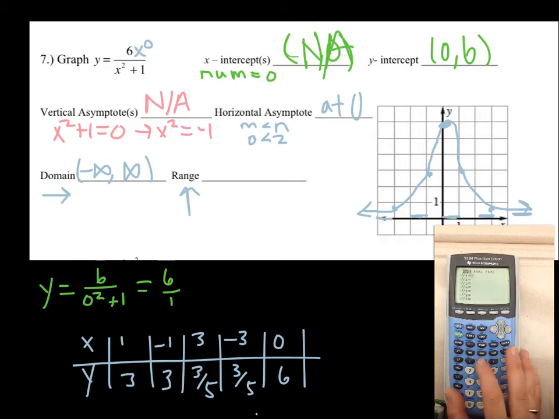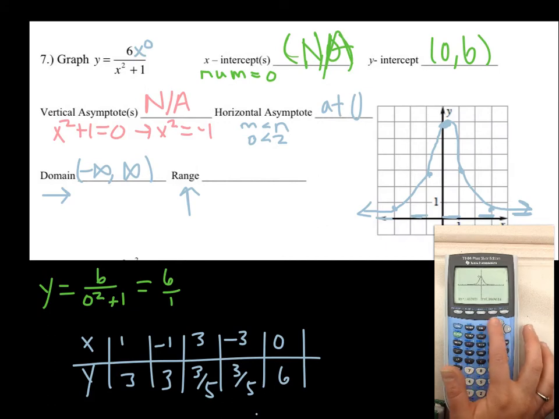Then we're going to do 6 divided by x squared, and you can just use the square button, plus 1. And then we're going to go to graph. So this one's sort of like a bell shape, or it's got a curve to it. So you can sort of guesstimate where that max point is going to be, but that's where your range is going to stop. So we need to know what that value is exactly.